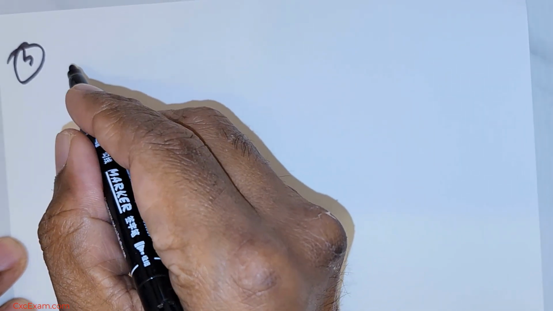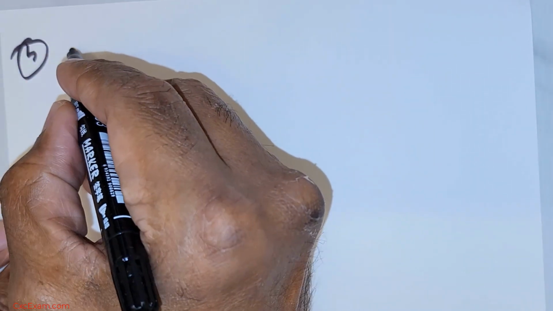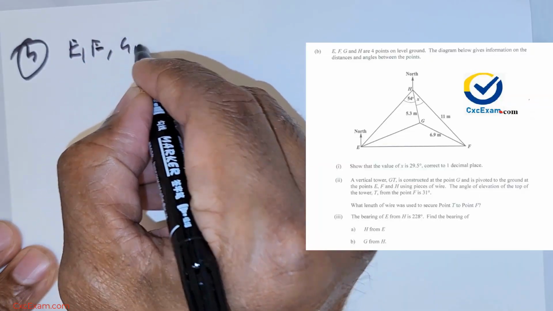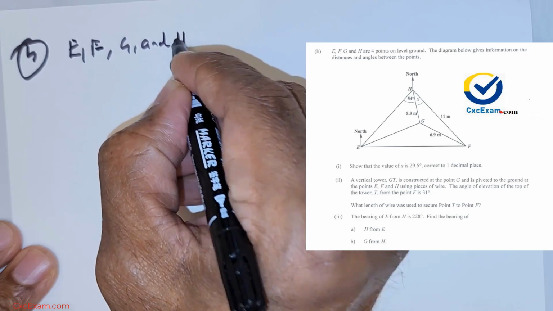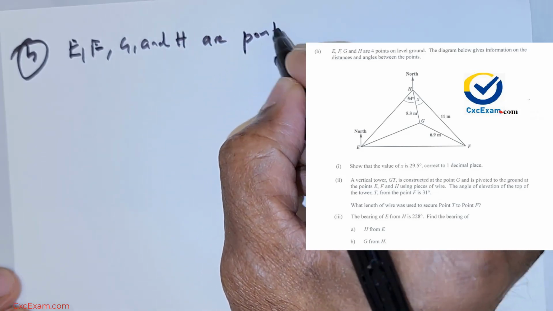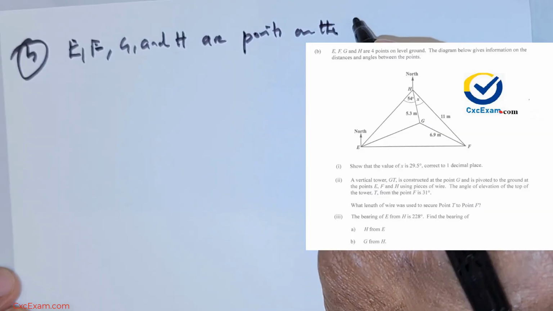Okay, so this is the second part, part B. You've been given E, F, G, and H, points on the level ground.